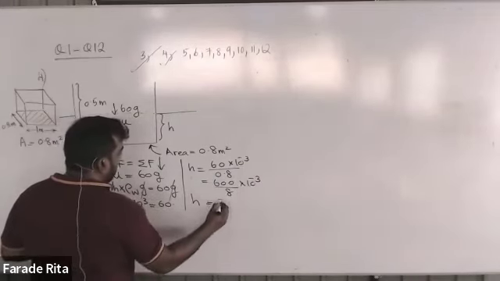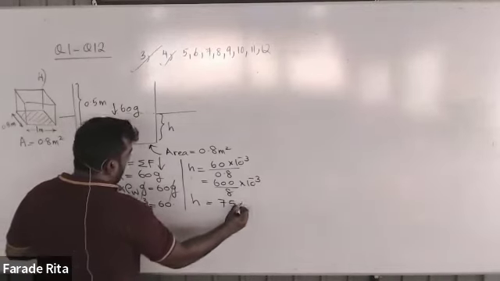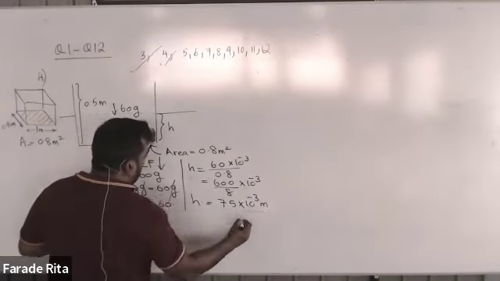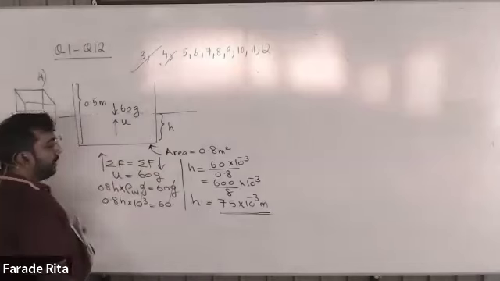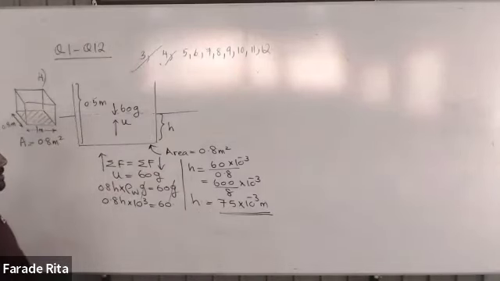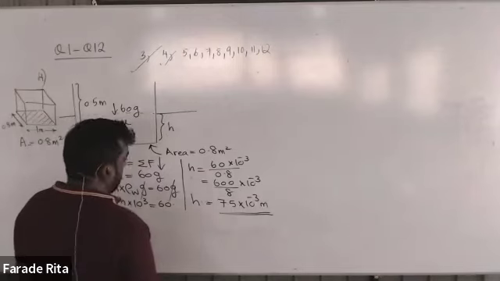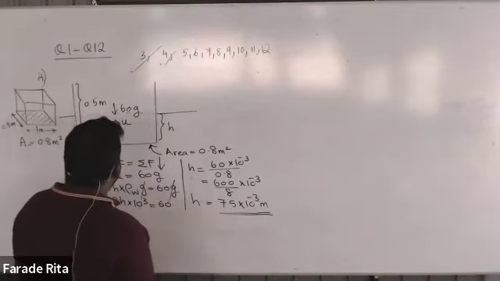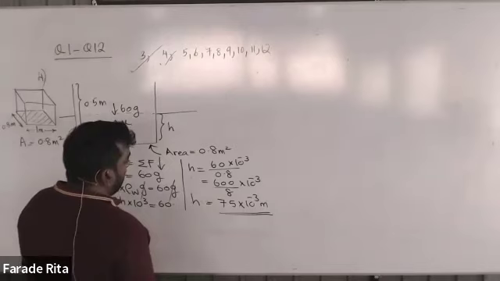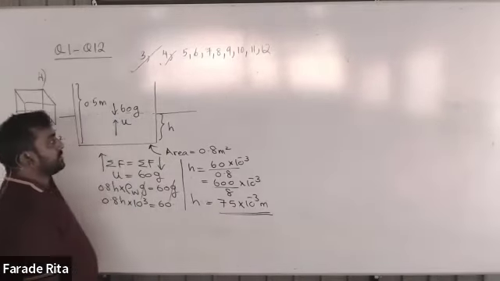How much? 75 into 10 to the power minus 3 meters. So 75 millimeter, about 7.5 centimeters.